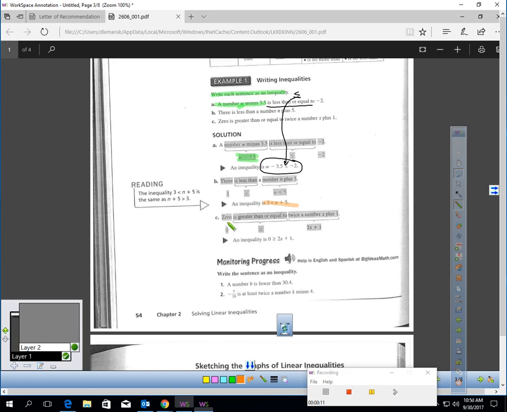Or here's a third example. 0 is greater than or equal to, there's the symbol for greater than or equal to, there's 0. 0 is greater than or equal to twice a number x. That means x times 2 plus 1, which you see here. There's the entire statement. 0 is greater than or equal to 2x plus 1. Why don't you pause the video and try these yourself?